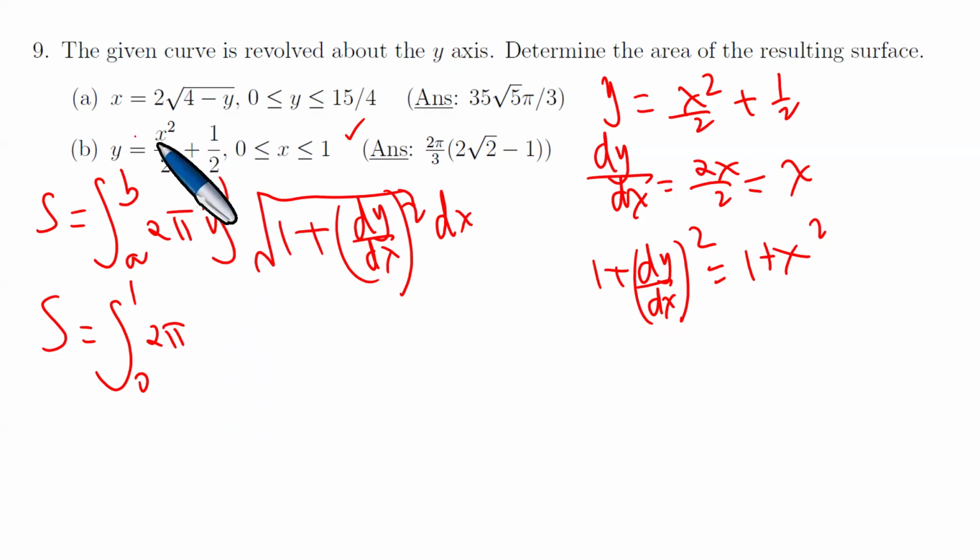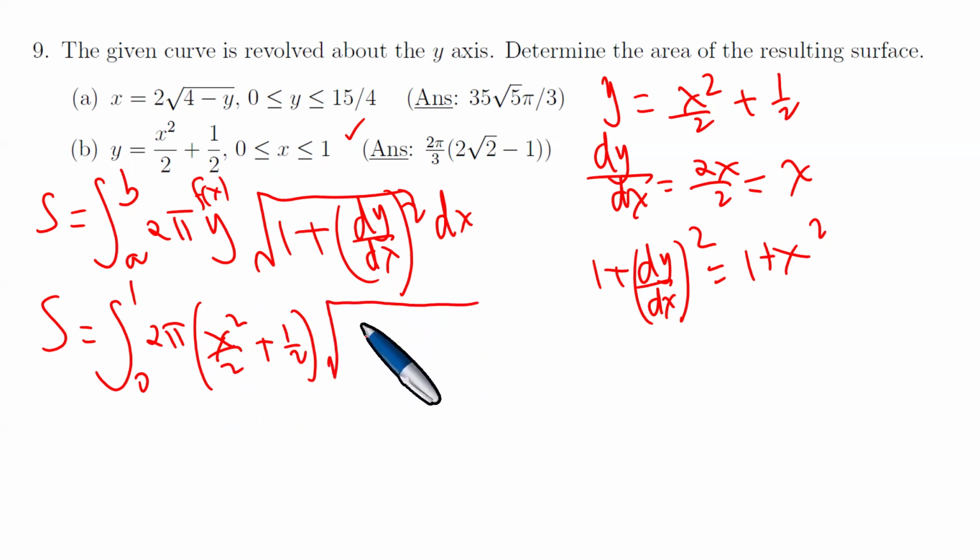What is y? Y is all this here. So in place of y, you put x squared out of 2 plus 1/2. The square root of 1 plus, what is this? You already know, because 1 plus dy dx squared is 1 plus x squared. Like this, then it is dx that you have.